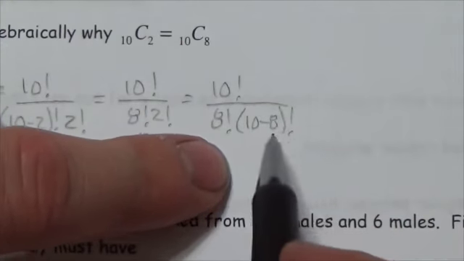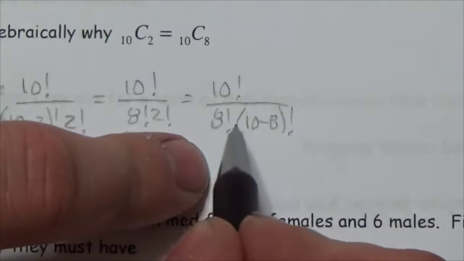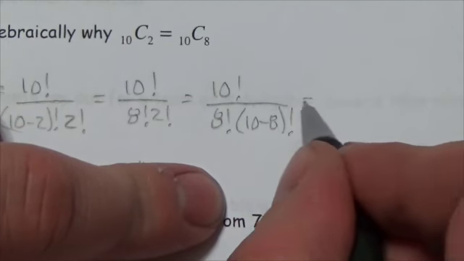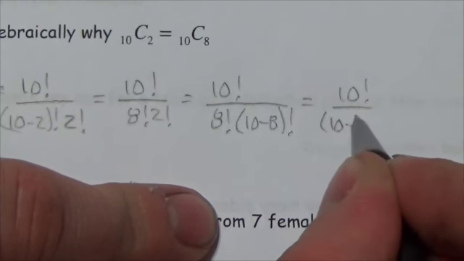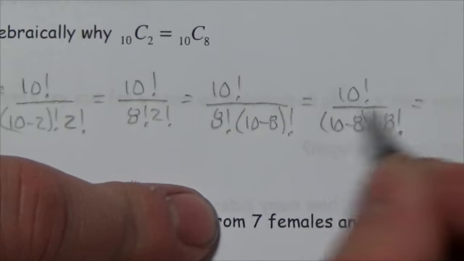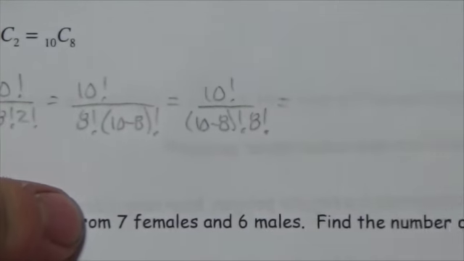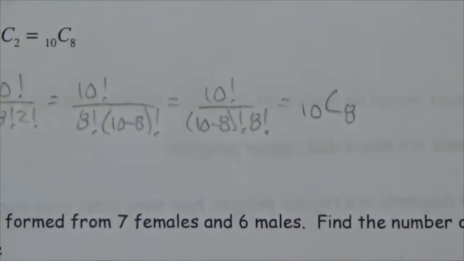If you're not seeing it, I'll take advantage of the fact that this is 8 factorial multiplied by 10 minus 8 factorial. Order does not matter for multiplication, so this is 10 minus 8 factorial times 8 factorial, which is exactly the form I need to interpret this as 10 choose 8.